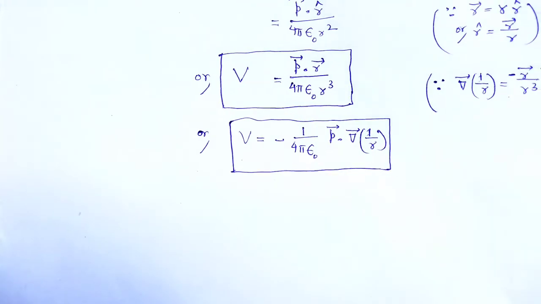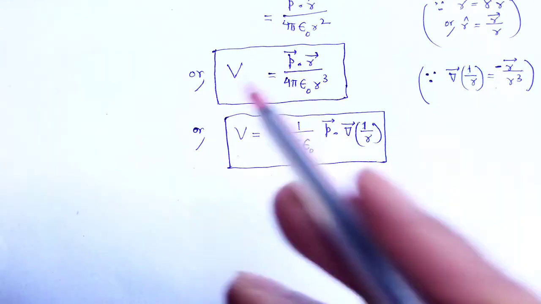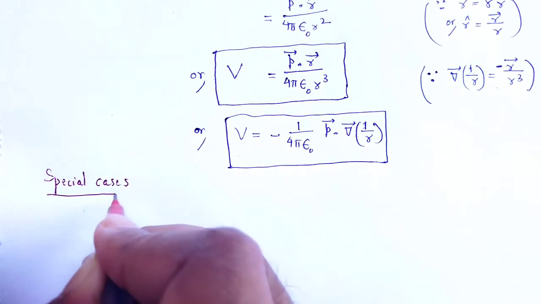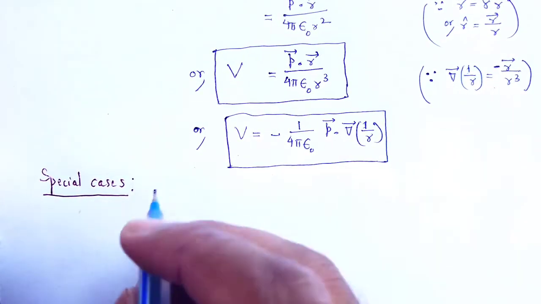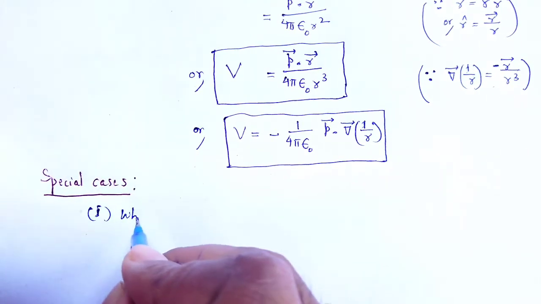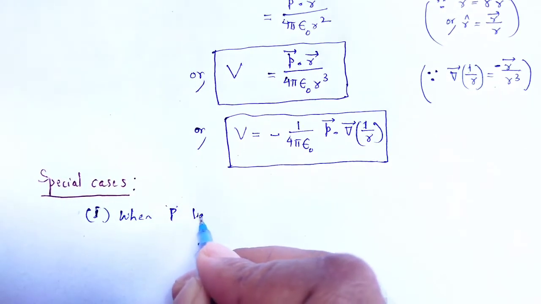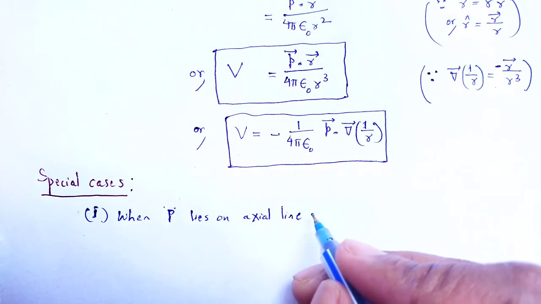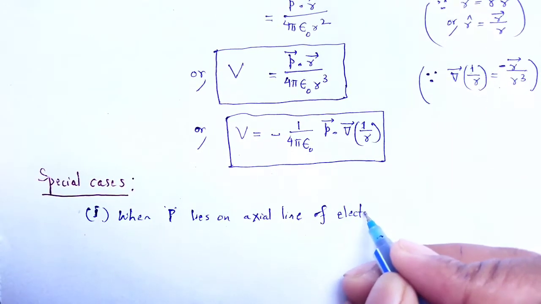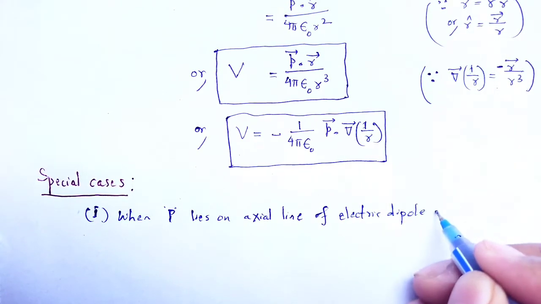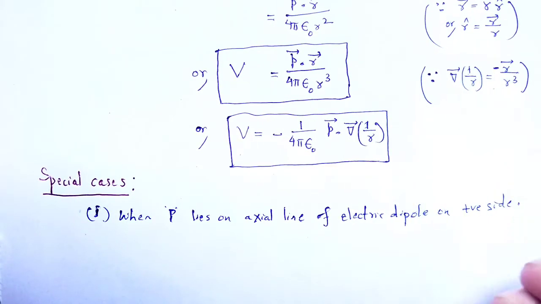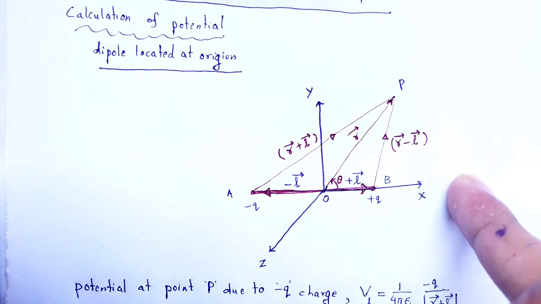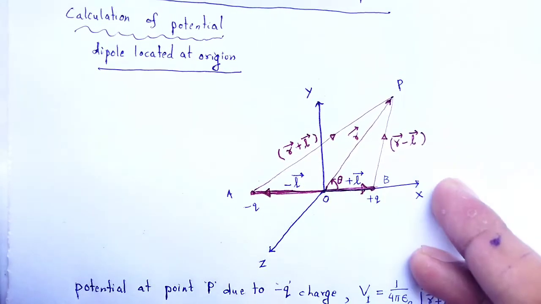It has special cases. When the point P lies on the axial line of the electric dipole on the positive side, positive side in the sense that P lies on the axial line, here in the positive direction, then what should be the expression?